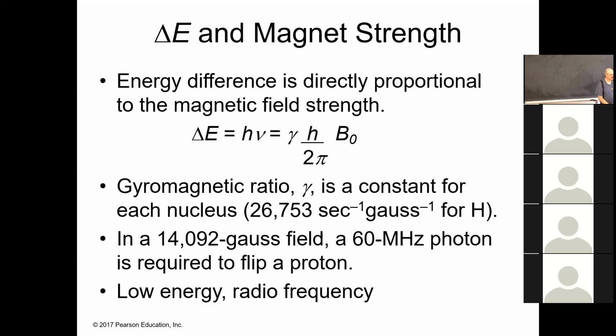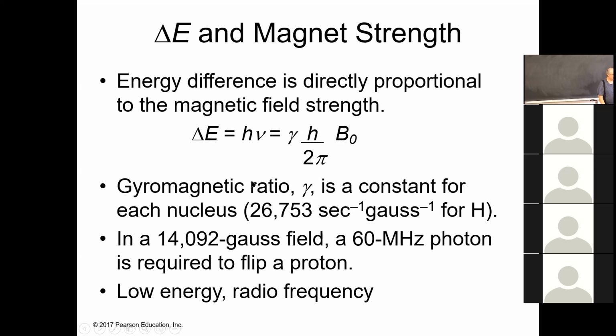Here's the equation. The energy difference is directly proportional to the magnetic field strength. Energy is equal to h nu, and this is equal to gamma h times the field strength divided by 2 pi.